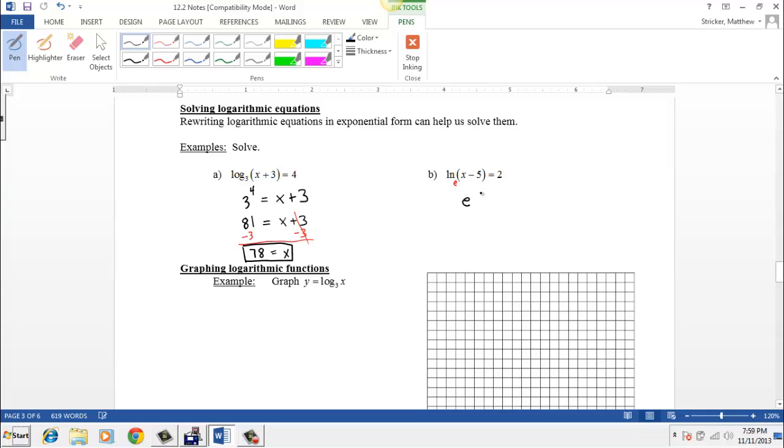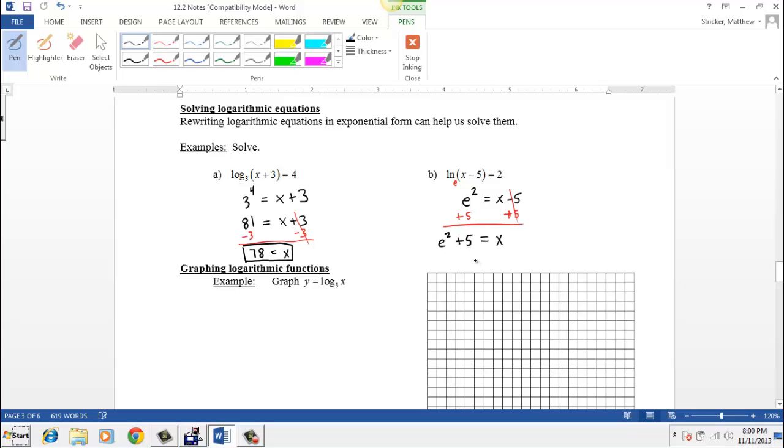The base is e, and it has to be raised to the 2nd power in order to get x minus 5. And then obviously I need to add 5 to both sides if I want to isolate the x. So it gives me that x is equal to e squared plus 5.